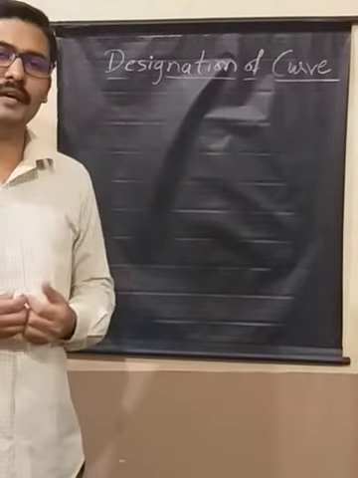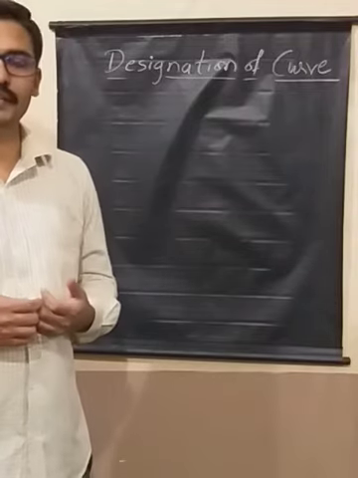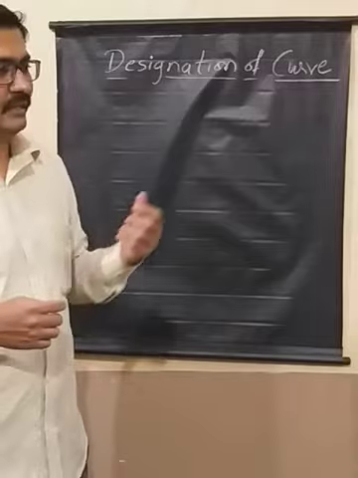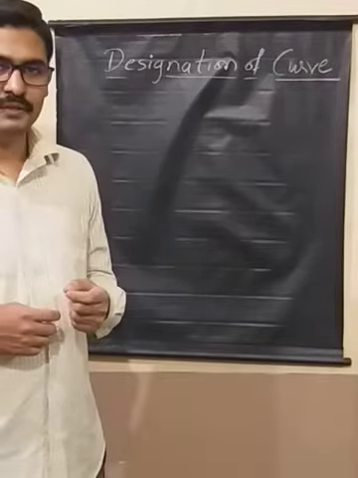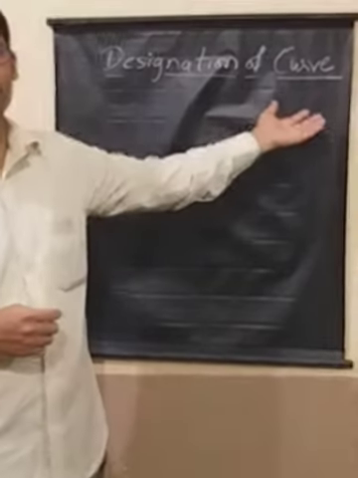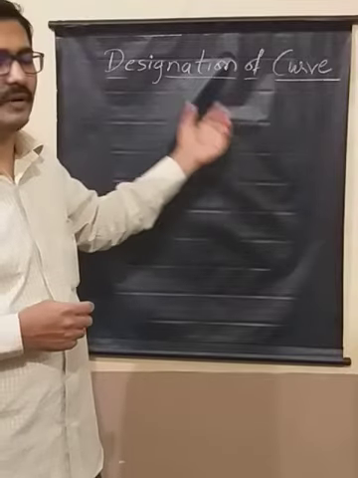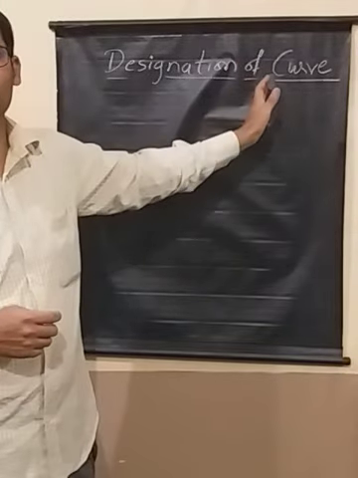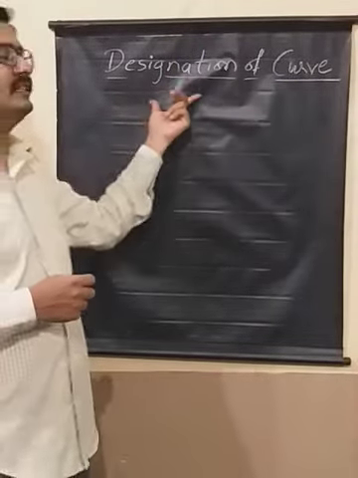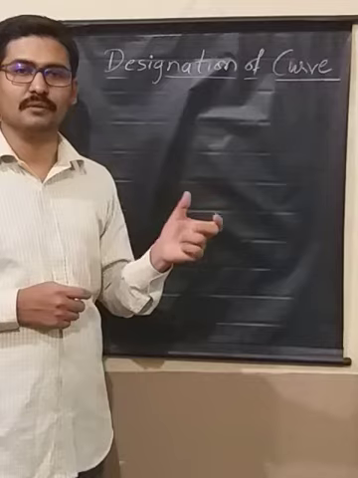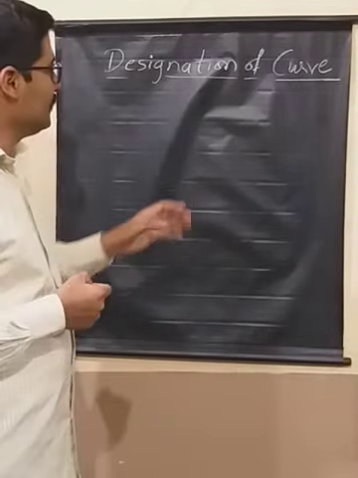Whenever I have to call a curve, how am I going to designate that curve? In the sense, every human being is recognized by his name. So when we have a number of curves in front of us, if I have to call a particular curve, how am I going to designate it? Designation means the name of the curve, or how exactly we recognize the curve, right?